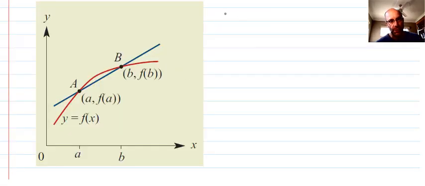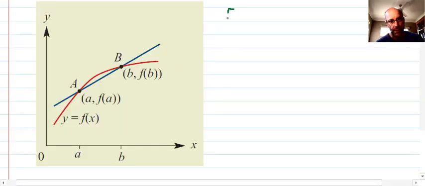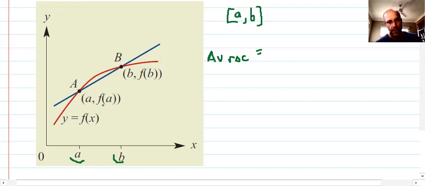In general, the average rate of change over the interval AB, which you can see there on the x-axis, we need to have the coordinates of A and B. On the x-axis it's denoted as little a, and that would be f of a, we sub it into the function, and this would be b, and that would be f of b.